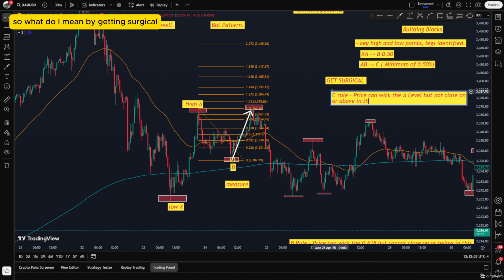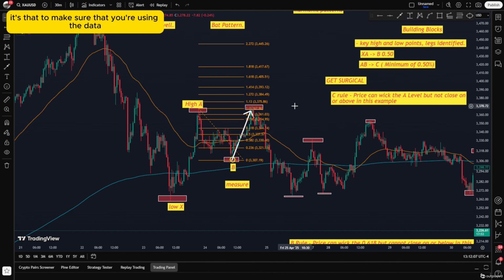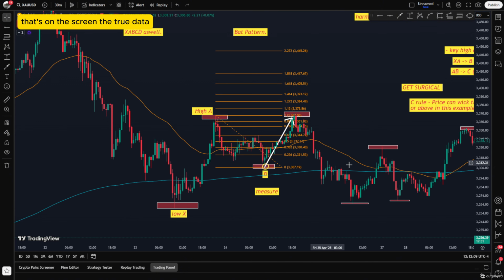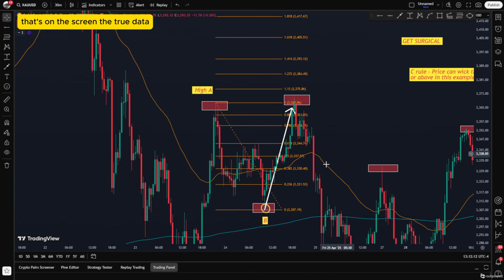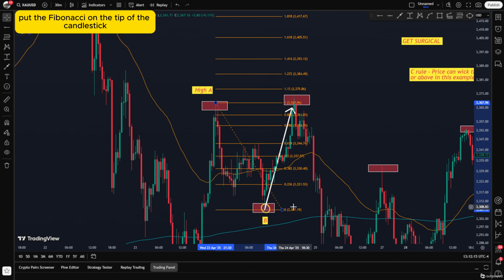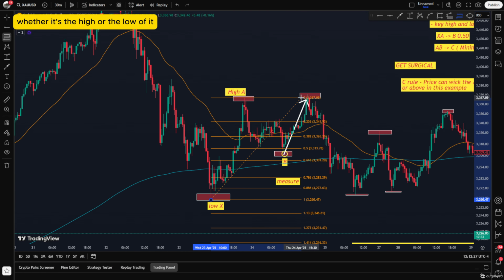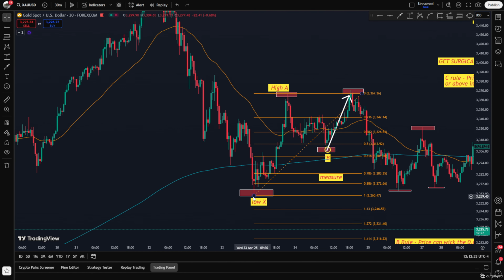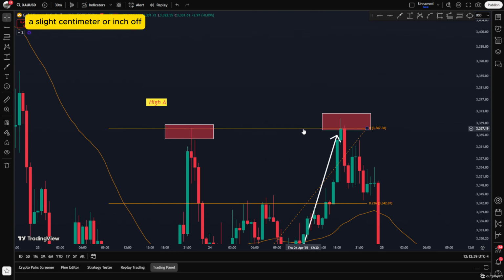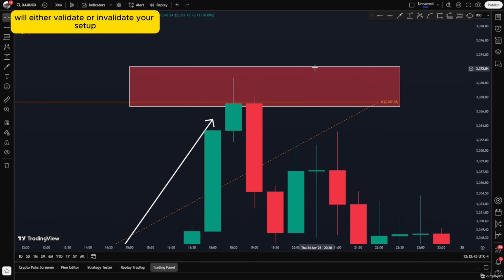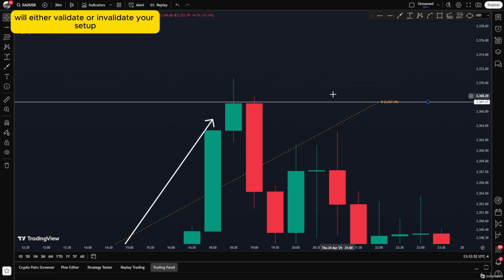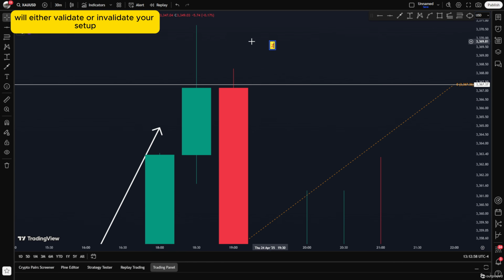So what do I mean by getting surgical? It's that to make sure that you're using the data that's on the screen, the true data. Put the Fibonacci on the tip of the candlestick, whether it's the high or the low of it. A slight centimeter or inch off will either validate or invalidate your setup.